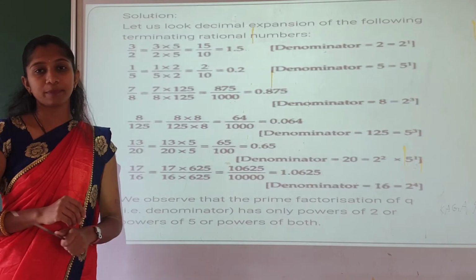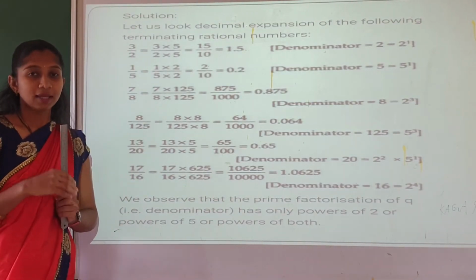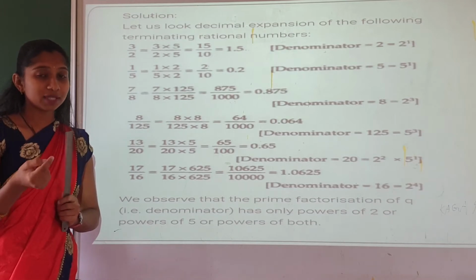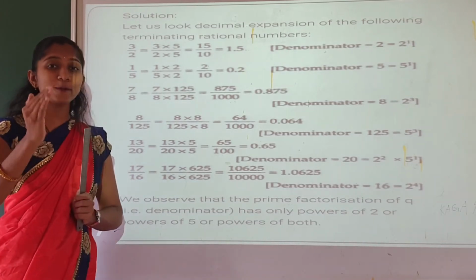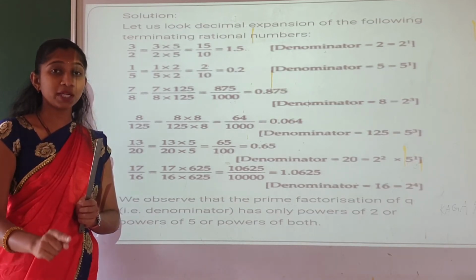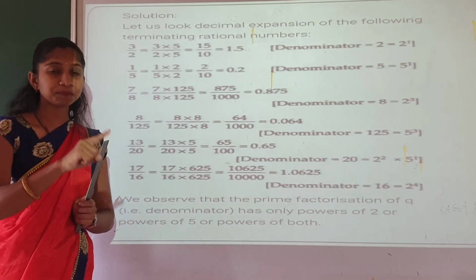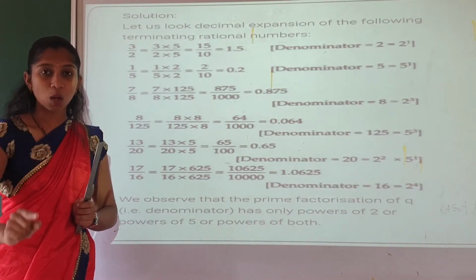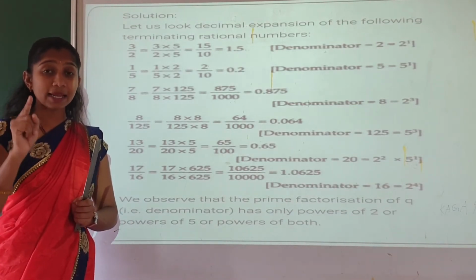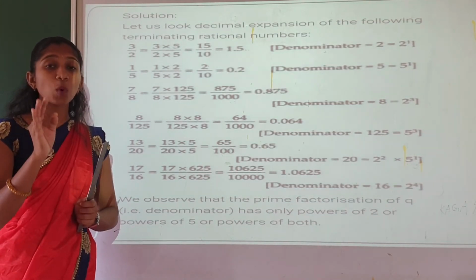Let's solve the problem. I just consider a few numbers now. First I tell you the concept. If you want a terminating answer, the denominator must be in terms of zeros. It means the denominator is either 10 or 100 or 1000 or 10,000. Like this only the denominator should be, in terms of powers of 10.